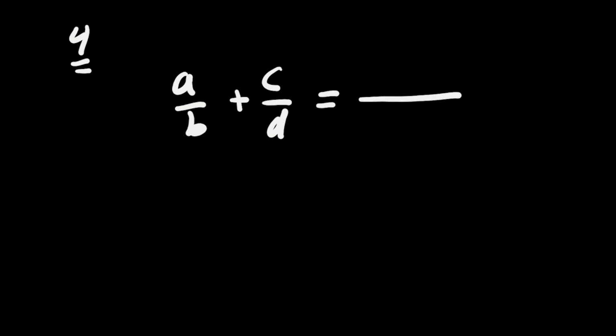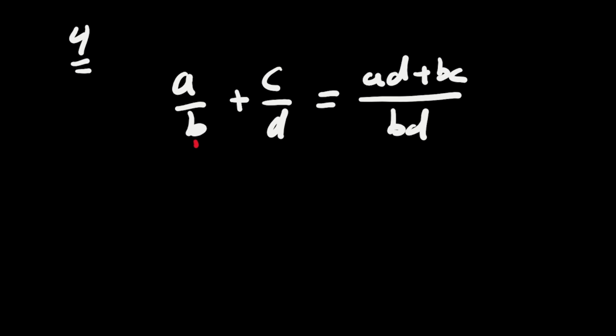Property number 4 says a over b plus c over d equals ad plus bc over bd. I'll explain how we get these values.